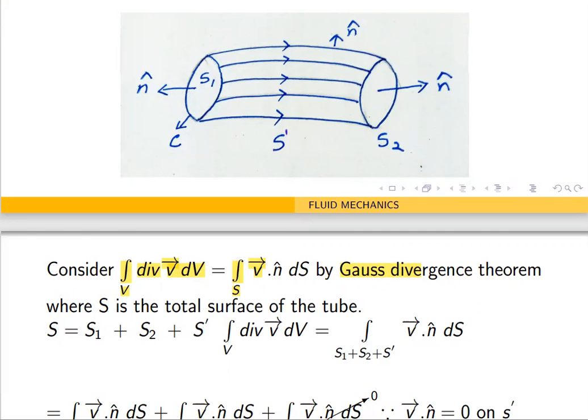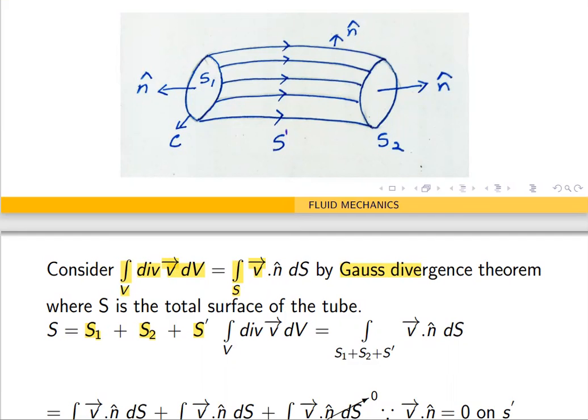What is S here? S is the total surface. Now we are applying this for the full volume of this stream tube, which has the surface S, and S has three surfaces: S1, S2, and S dash, the curved part of the stream tube.